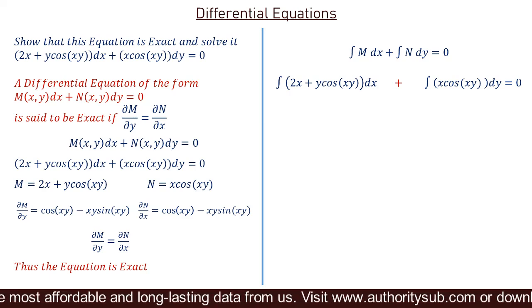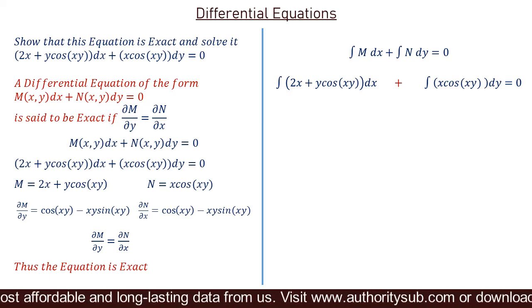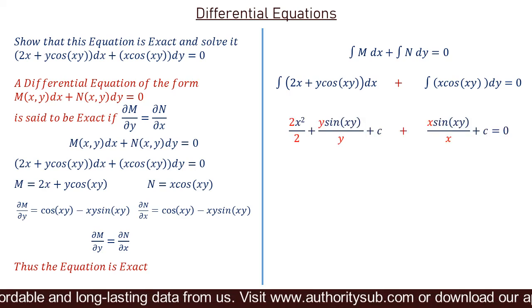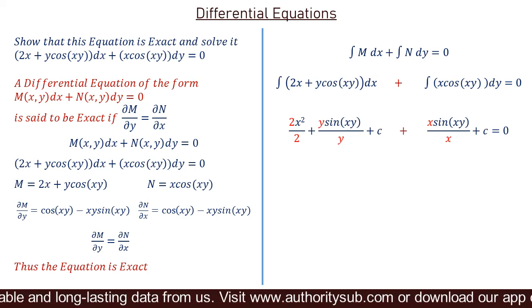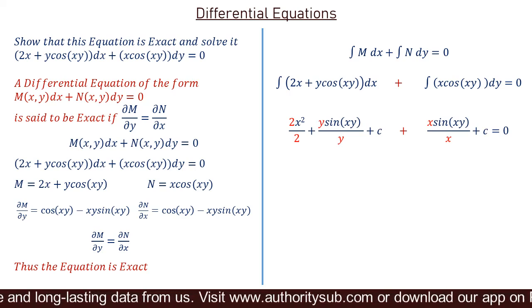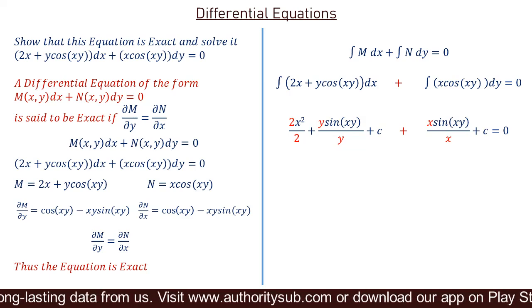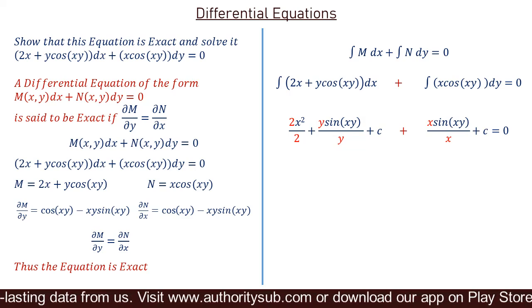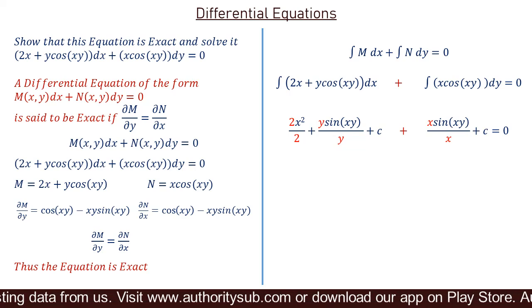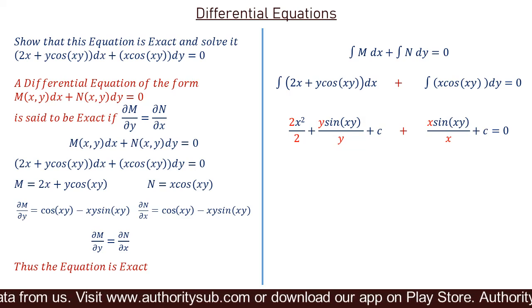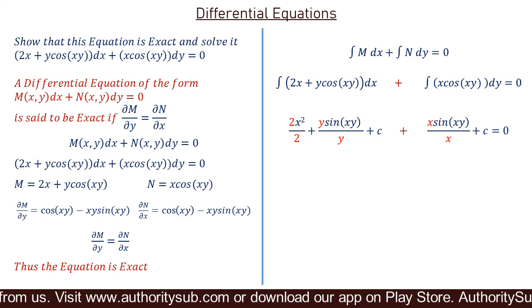So let's integrate. When we integrate 2x with respect to x, it's going to give us 2x squared all over 2. Plus, when we integrate y cos xy with respect to x, it's going to give you y sine xy all over y, right?